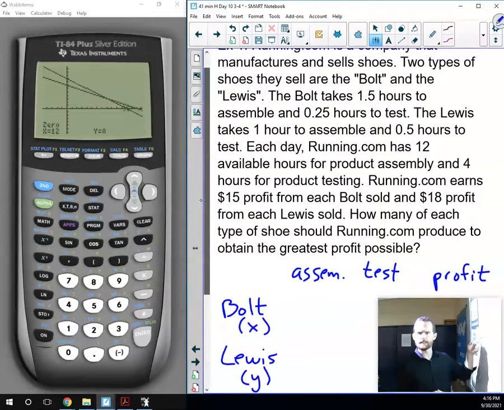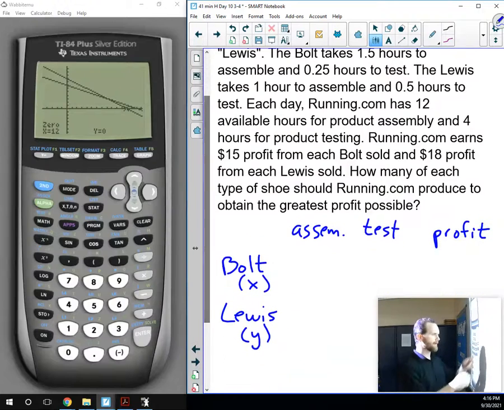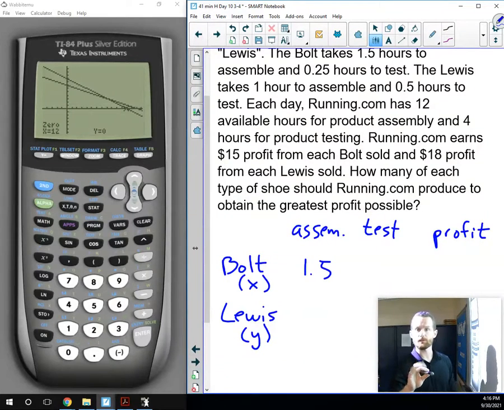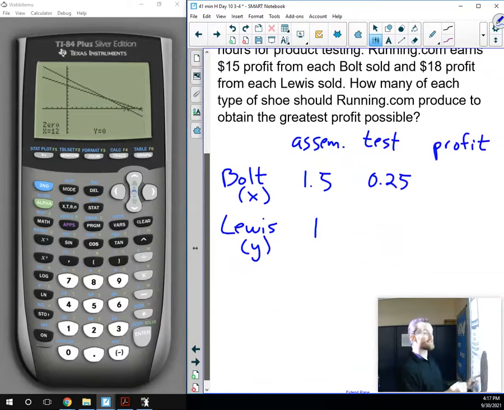For the Bolt, it says 1.5 hours assembly and 0.25 hours to test. Then we've got the Lewis, which takes 1 hour to assemble, so it takes less time to assemble, but 0.5 hours to test, so it takes longer to test.